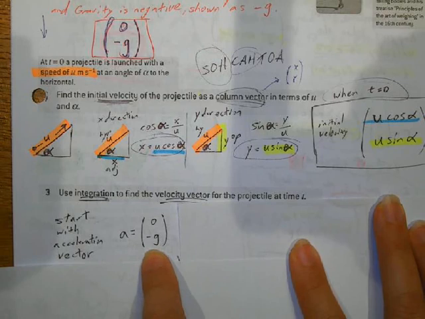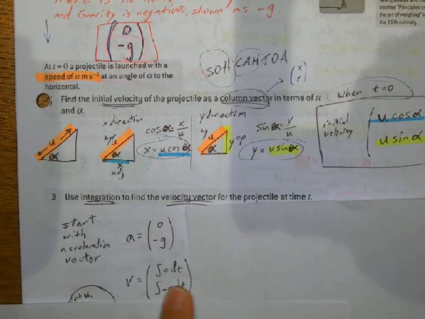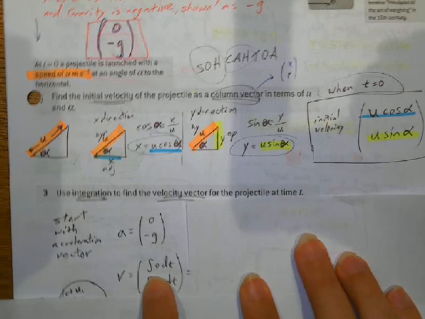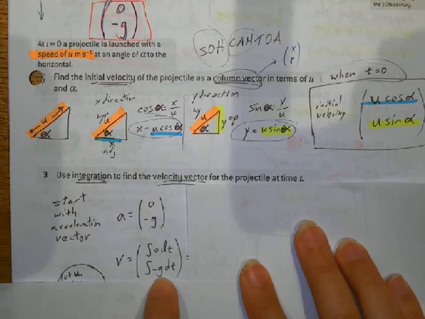Acceleration is pointing down, and that's gravity. So to write this as a velocity vector, I can take the antiderivative of 0 dt and the antiderivative of negative g dt.